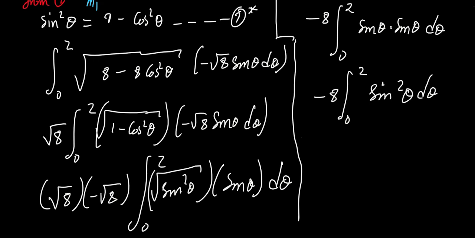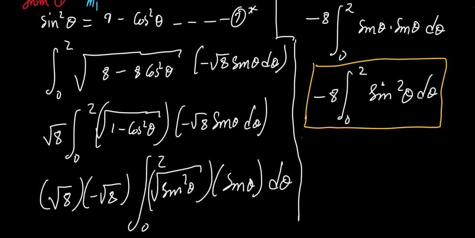So we are at this point of having a trigonometric function with a power, and when integrating trigonometric functions, it is usually very complicated to integrate directly trigonometric functions with a power.